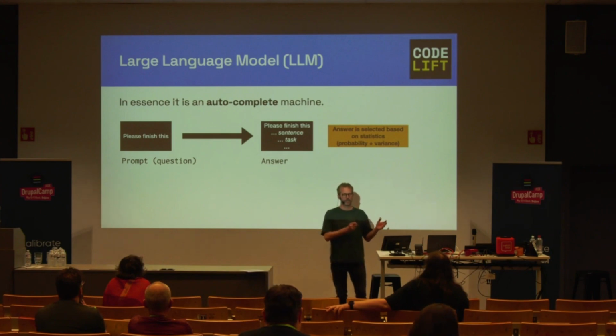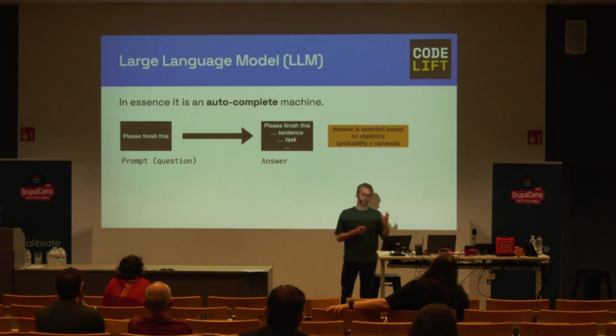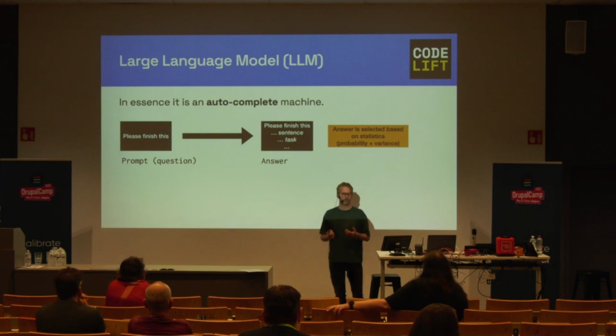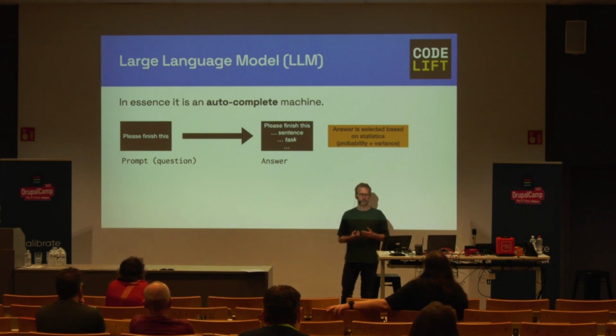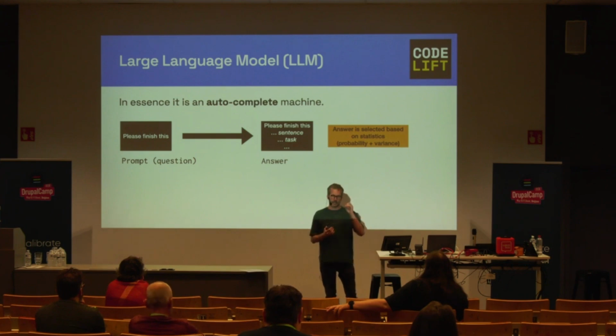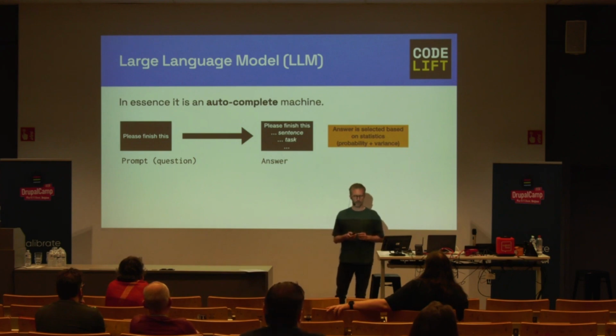So you have a prompt, a question, and it gives you an answer. In this example, the prompt is please finish this, and the answer is sentence or task. It can be multiple things. Important to know is that the answer is selected based on statistics. So it's a probability and a variance part. It's not the case that one input always gives you the same output.